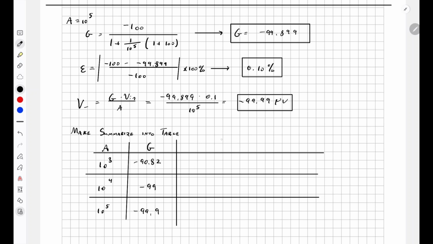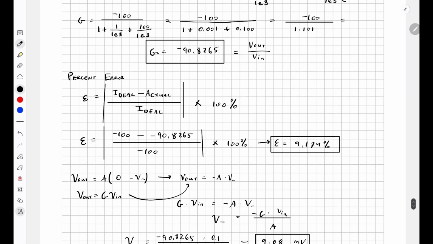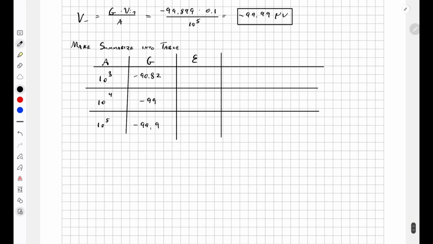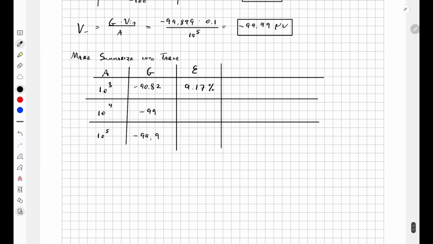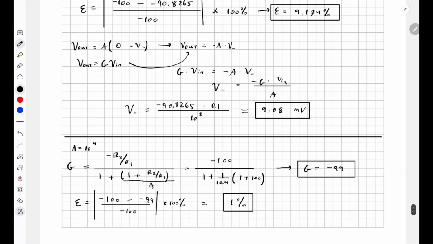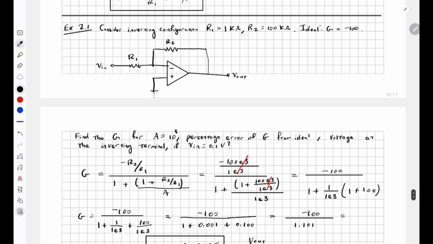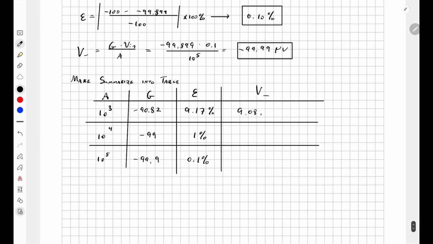And the percentage error in the first case was 9.17%. In the second case, it was 1%. And in the third case it was 0.1%. And also the V minus in the first case was 9.08 milli.